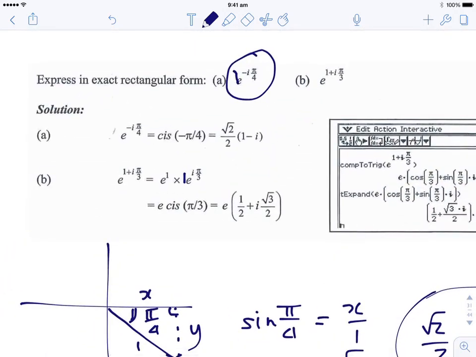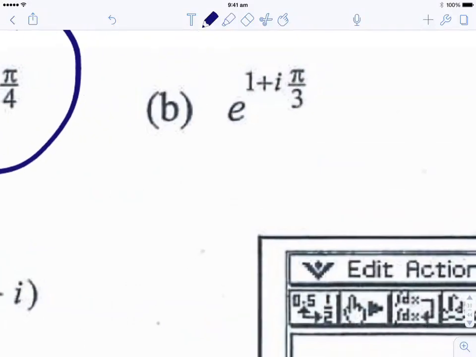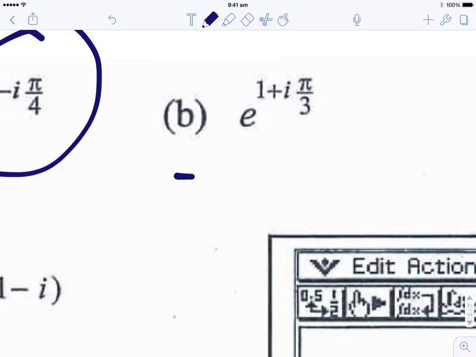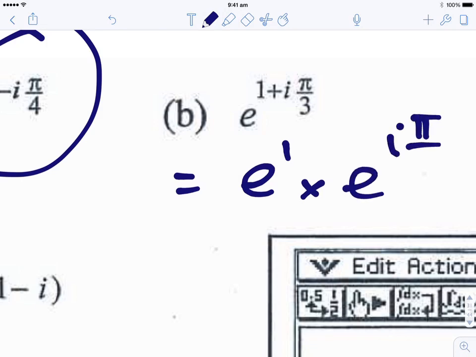Next one's a little bit trickier. e to the 1 plus i times pi over 3. Before you can do it, you've got to split this up. If you do have an exponent that is one thing plus another like this, split it up first. Now this is just a number, e.